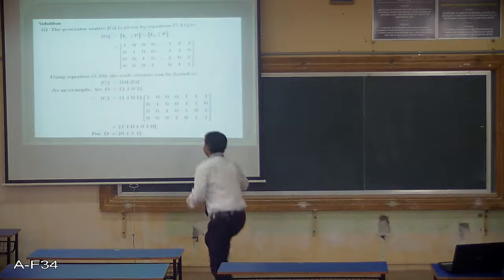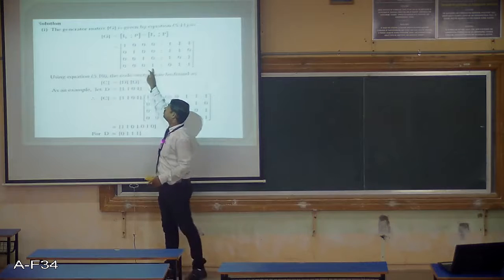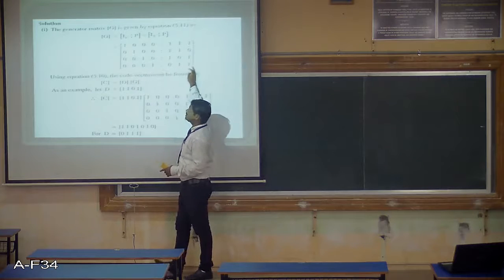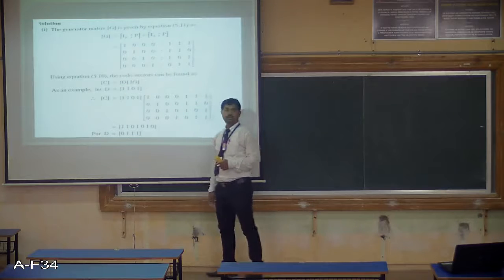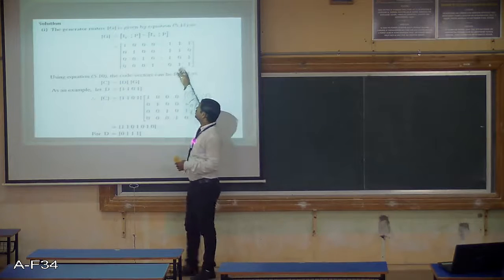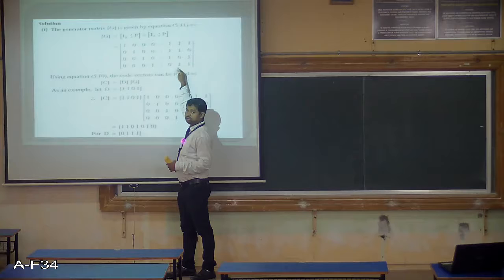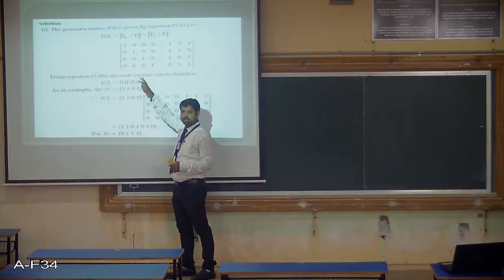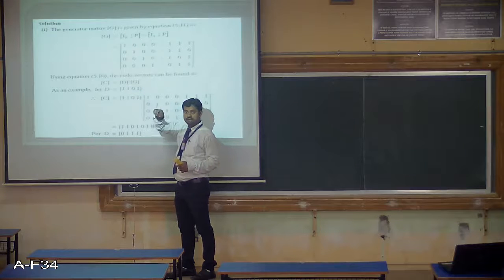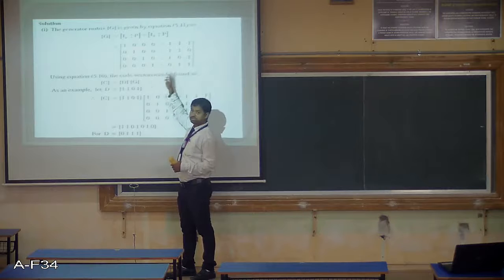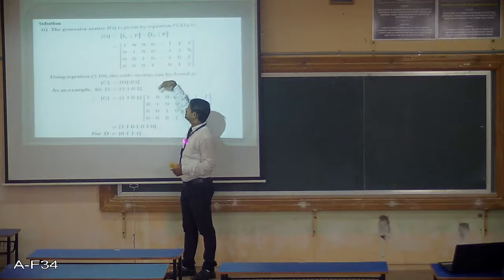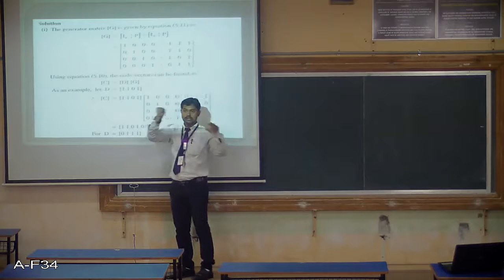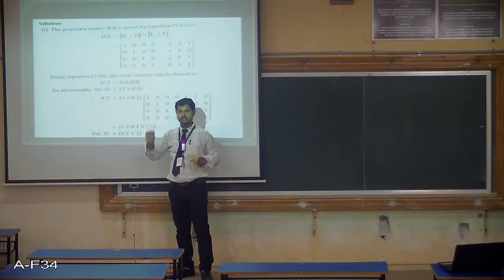This is the identity matrix of order 4 into 4, and the parity part has n minus k columns, 7 minus 4, 3 more columns. So the entire order of the G matrix is k rows into n columns. K is 4, 4 rows, n means 7 columns.